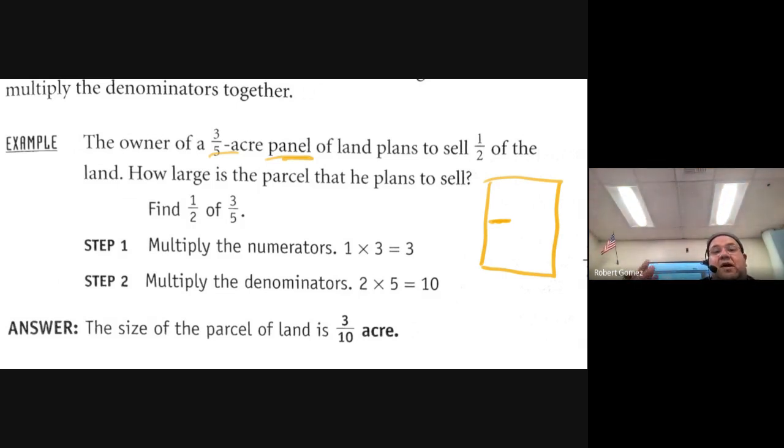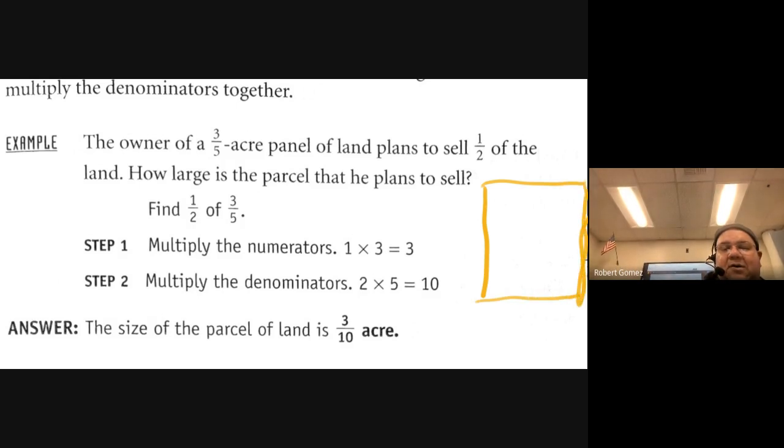So we have a 3/5 acre panel of land. So when we say it's 3/5 of an acre, now I'm going to start drawing. Okay. I want to visualize it. I don't want to keep it in my head or keep using my imagination. I want to put it down so I can stop that part of my brain.